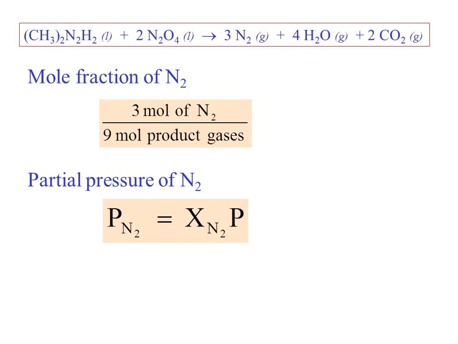We already know from the stoichiometry what our mole fraction of nitrogen is, because we get 3 moles of that gas for every 9 moles of total gas. Coefficient for nitrogen, 3. Coefficient for total moles of gas produced, 9. So 3 to 9 is our mole fraction. 3/9 is going to be right there.